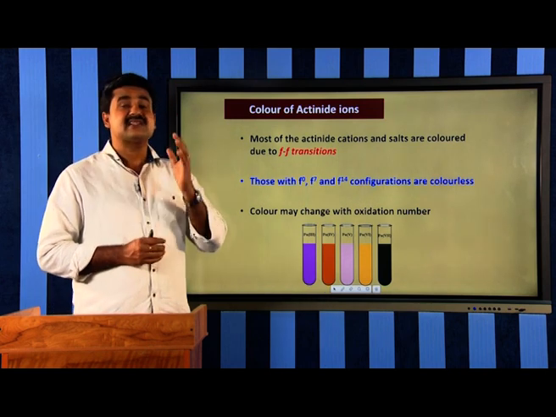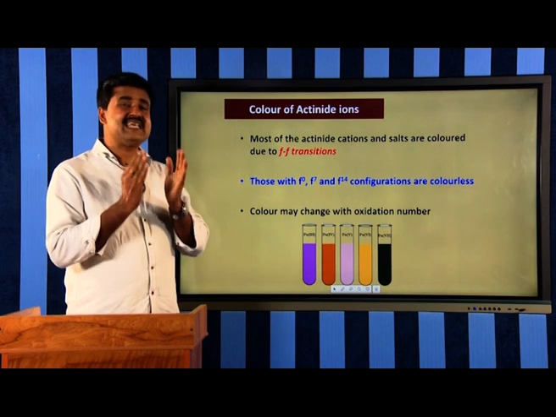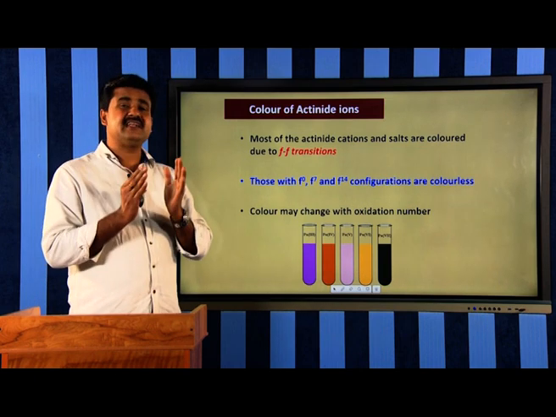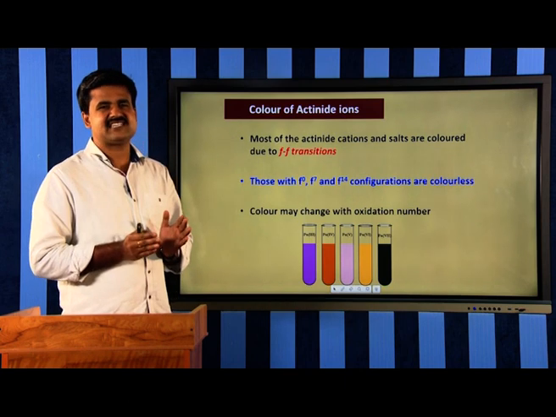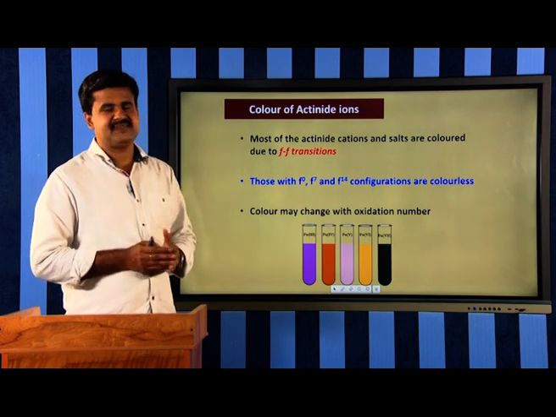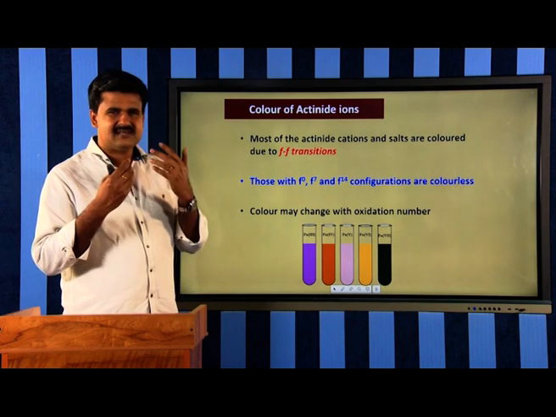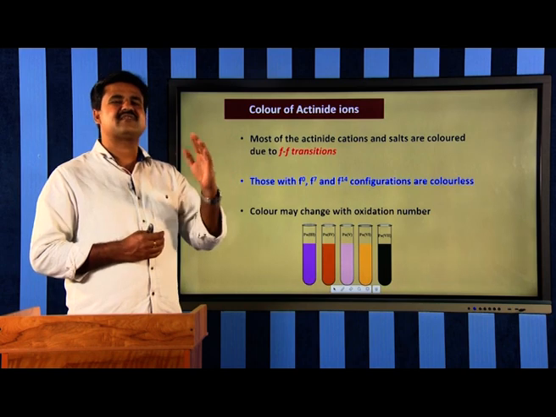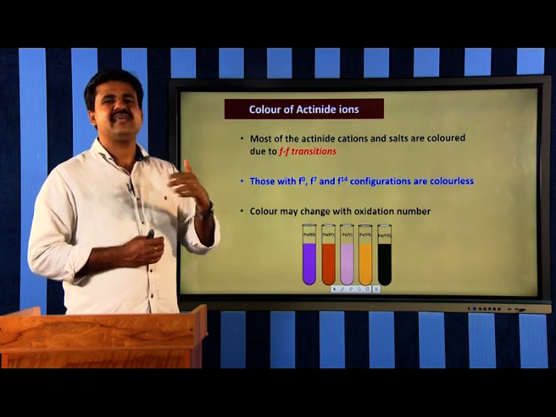Moreover, the color depends on oxidation state also. The same cation in different charge, or the same element in different oxidation state, produces different colors. The reason is simple. As the number of unpaired electrons changes, the possibility for transition also changes, and hence color may vary.